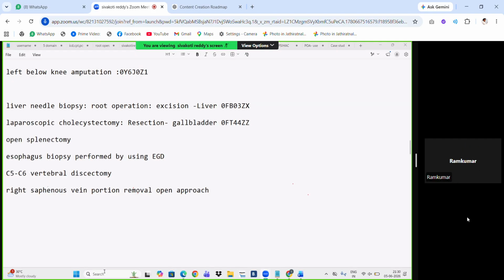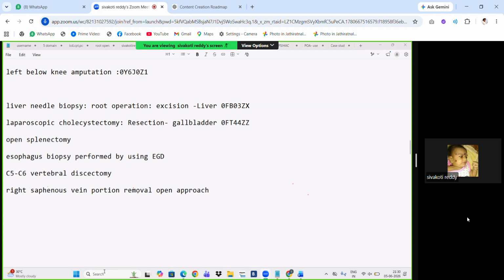It was shared already. Before starting the session, I will share the material, then I will start the session. I already shared the PCS and the guidelines, the root operation heading guidelines book. On Wednesday I shared the new PCS and CCS syllabus copy and PCS guidelines, 3 root operation guidelines, 3 PDFs.